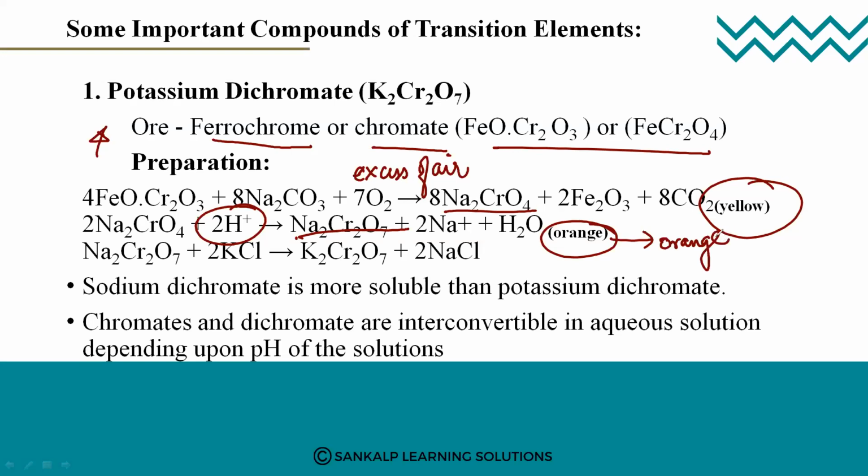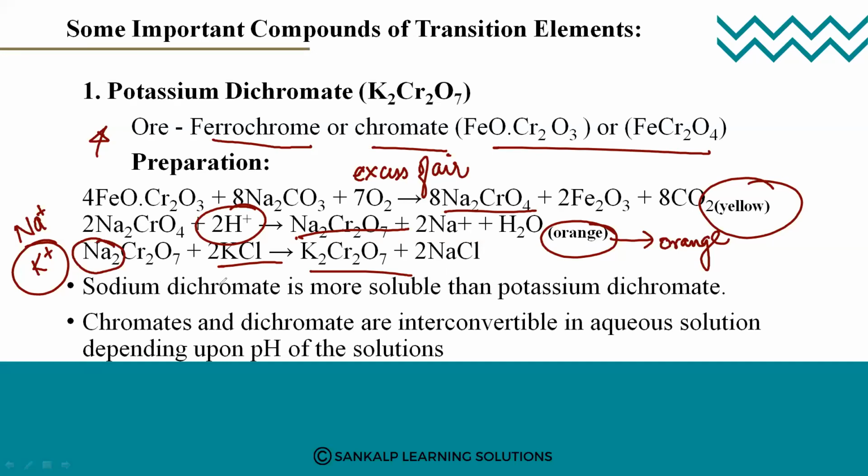Now this orange color solution is further treated with potassium chloride solution, and you get potassium dichromate. Your Na plus ions are replaced by K plus ions, and sodium dichromate is converted into potassium dichromate.